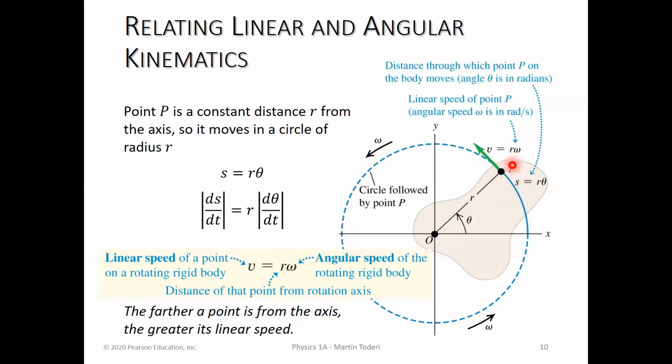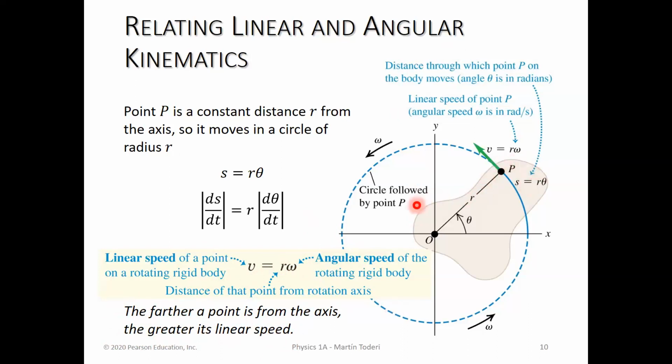All right. So that's how we're basically relating the linear quantity v with the angular quantity omega. You can see that the farther the point is from the axis, the greater its linear speed. And that's a very interesting consideration, right?